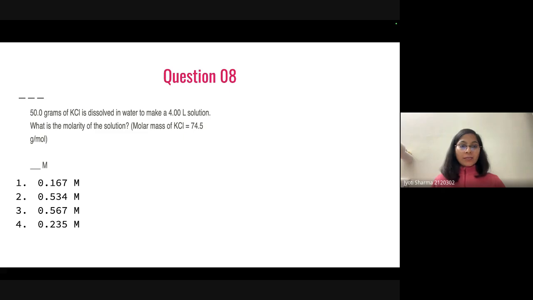So you have the mass of KCl and the volume of the solution, that is 4 liter, and the molar mass of KCl is also given, that is 74.5. Now you need to calculate the molarity, and molarity will be given by mass upon molar mass upon the volume of the solution.